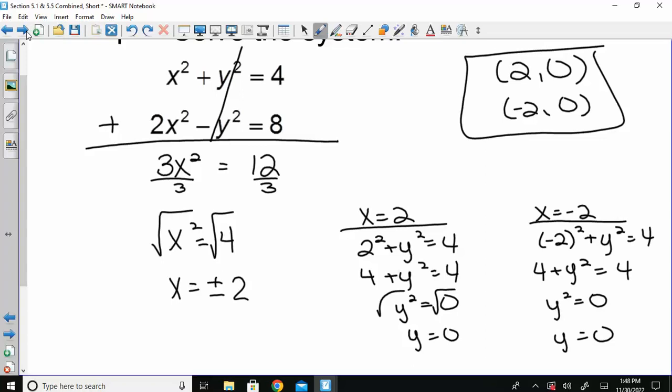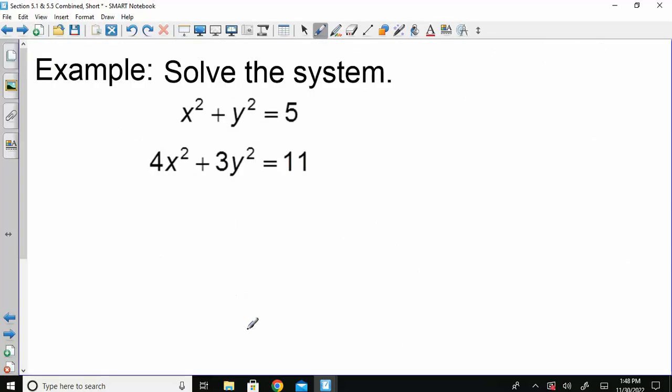One last problem. Okay. Let's say I want to eliminate x squared, what would you do? Negative.